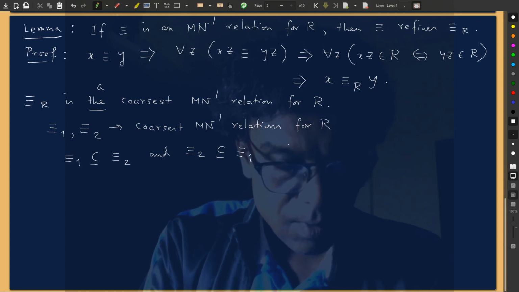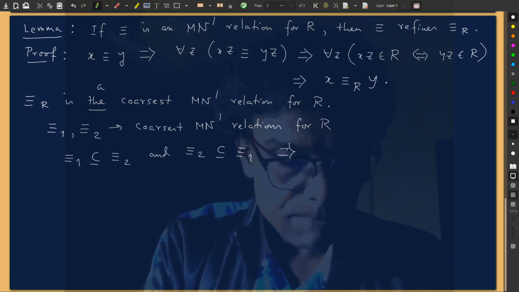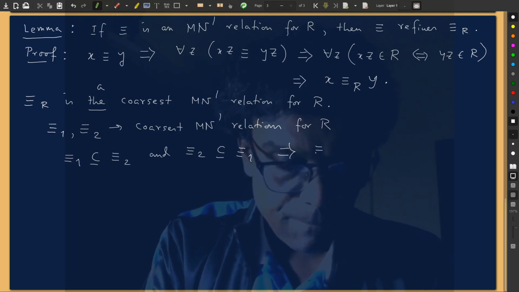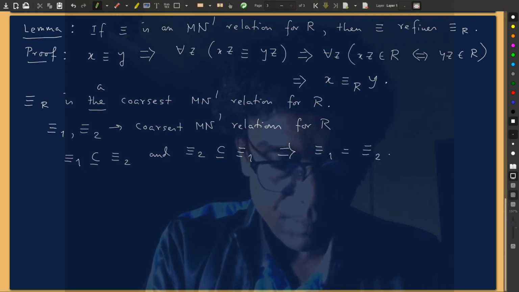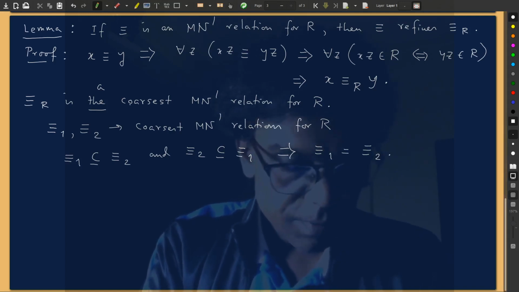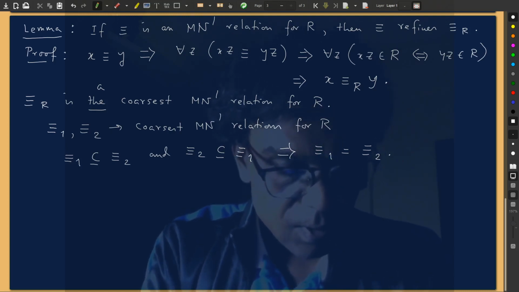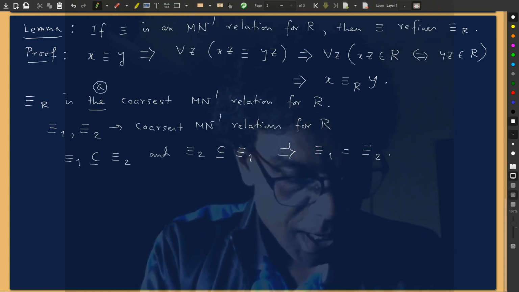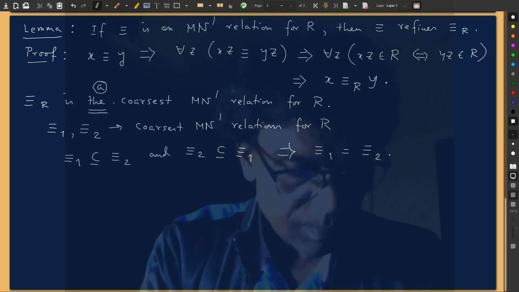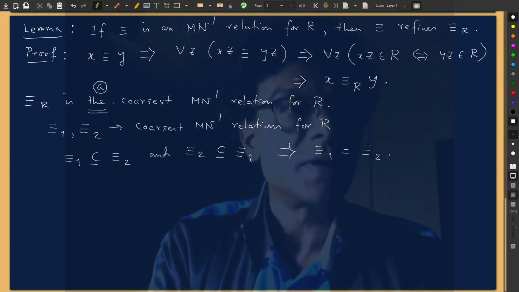So these two relations are essentially the same. That means the coarsest Myhill-Nerode-type relation for R is unique. So instead of A, I can now use D, the coarsest Myhill-Nerode-type relation.